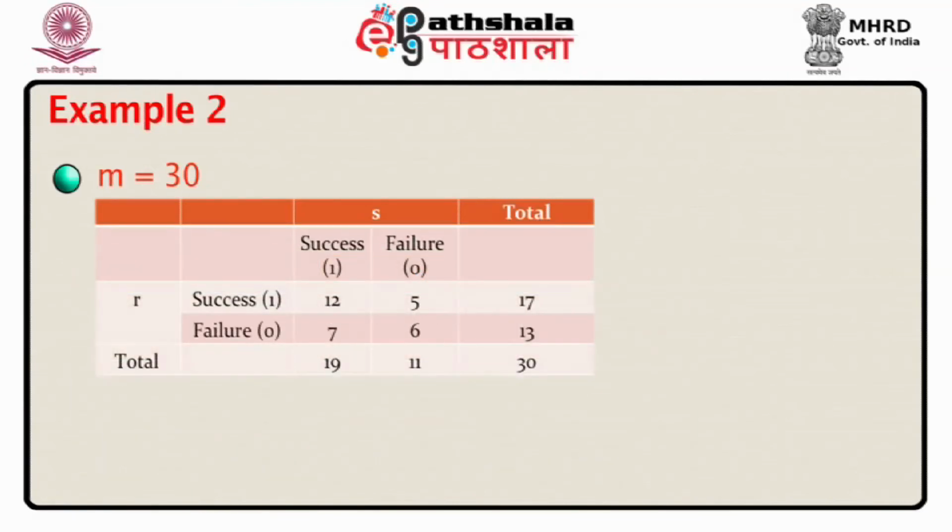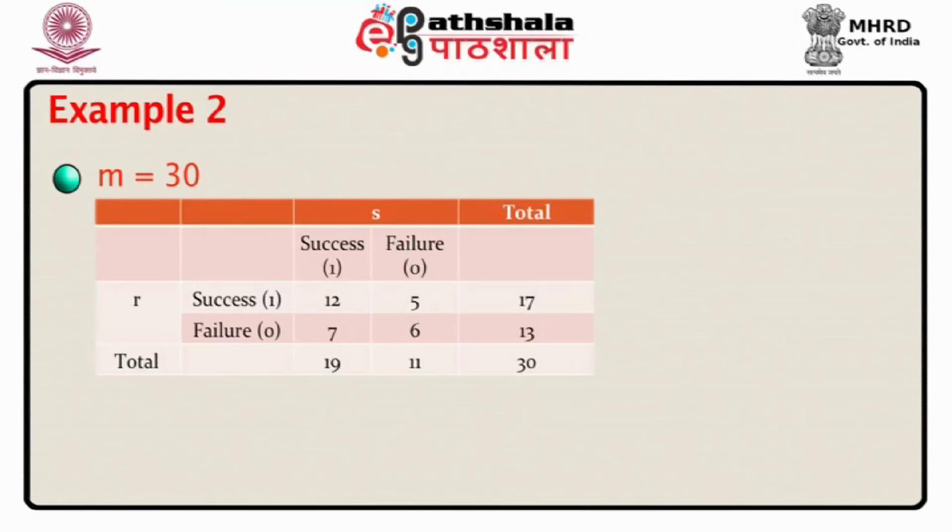So in 12 of the cases, both R and S have a success. In 5 of the cases, R has a success but S has a failure. In 7 of the cases, S has a success but R has a failure, and in 6 of the cases, R and S both have failures. So in this case, you can see that R and S match in two cells.